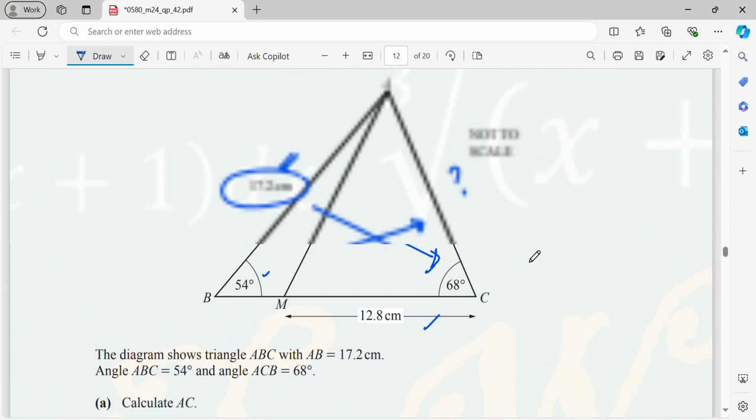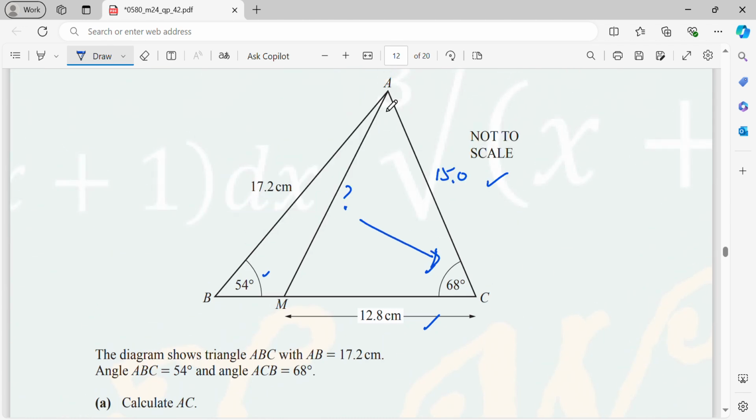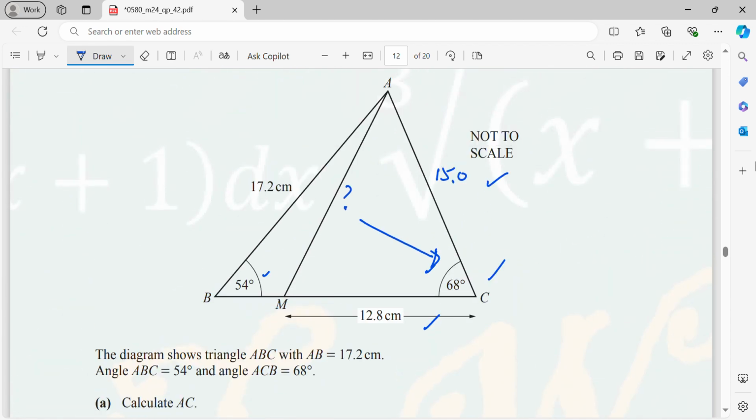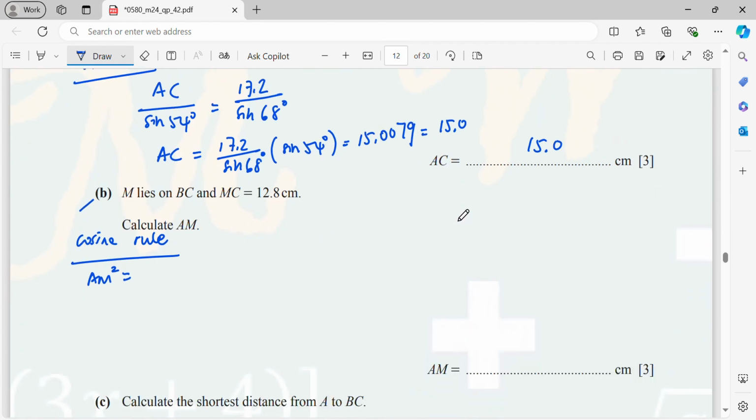So I will write cosine rule. Now cosine rule means the angle, and the side which is opposite to the given angle. So AM squared equals to the other two sides squared, right? So AC squared plus MC squared. I will just write down the formula first.